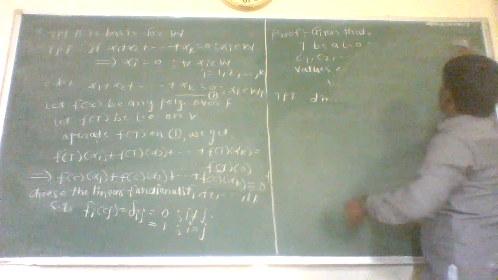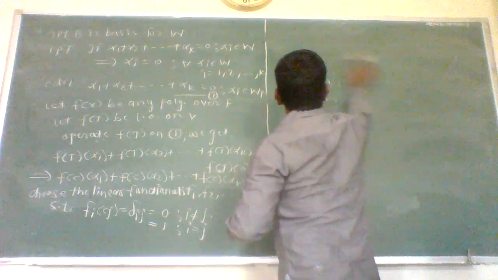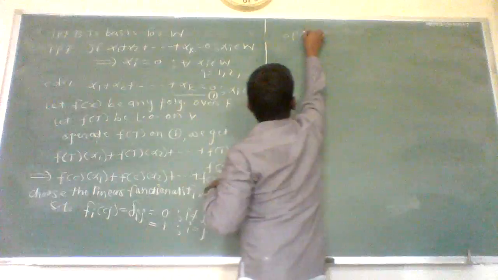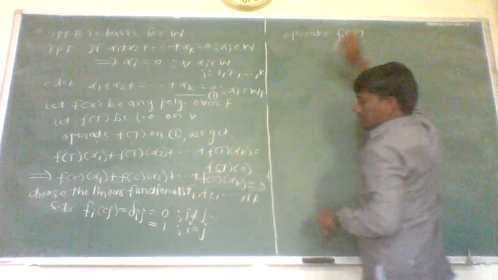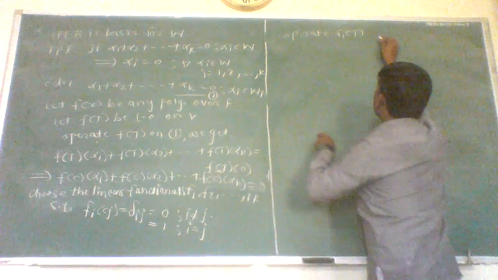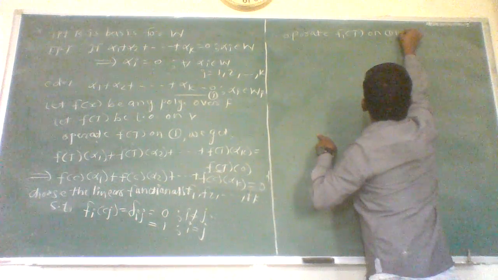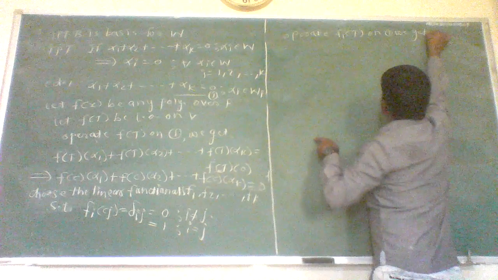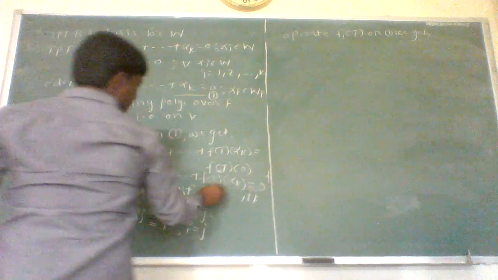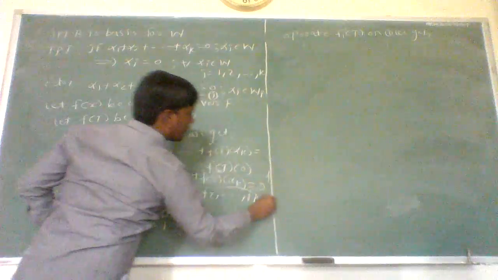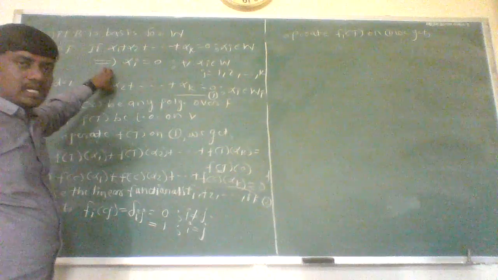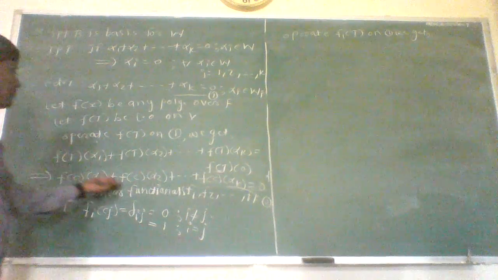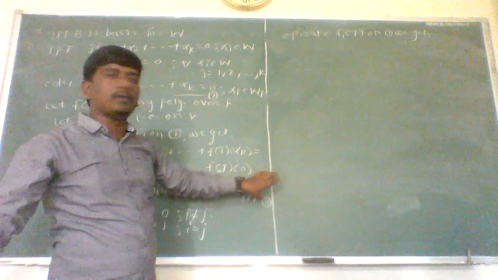Then operate f1 of T on equation 1. We get, let us take this one as equation 2. From equation 1, when we operate f(T) on alpha, we get f(c) of alpha 1 plus f(c) of alpha 2 up to f(c) of alpha k equal to 0.